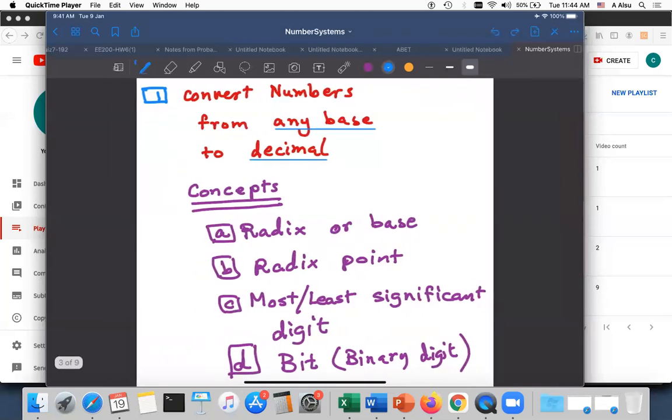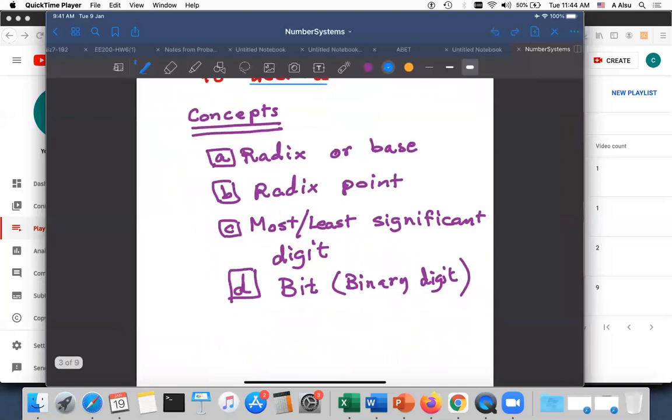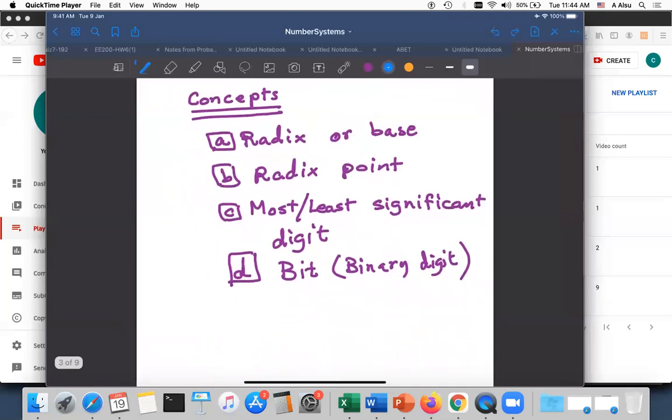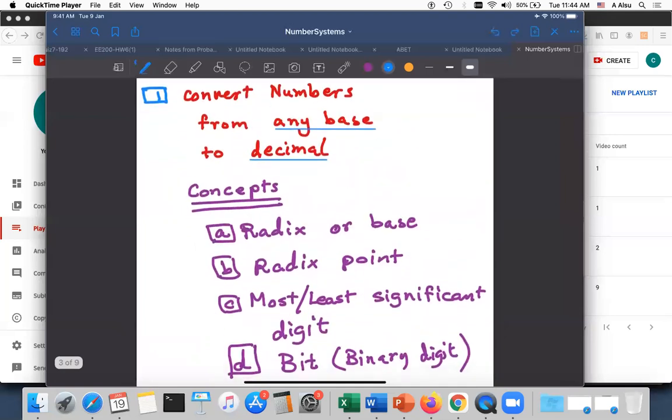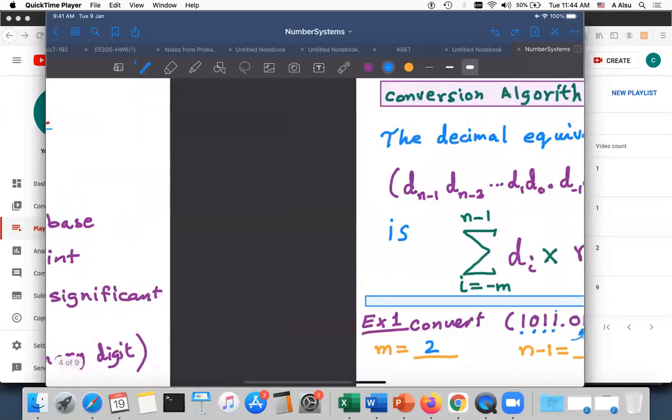And then we discussed some of the concepts about the conversion process and number systems in general. Remember them, please.